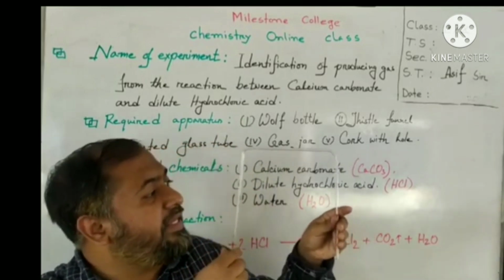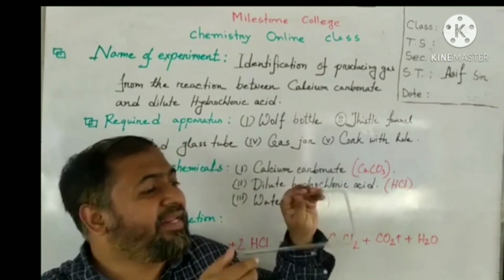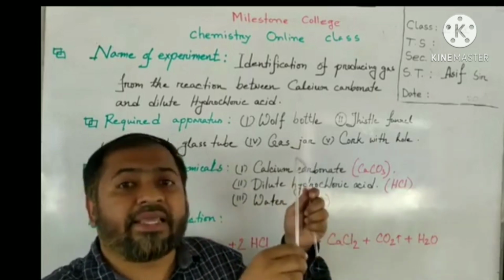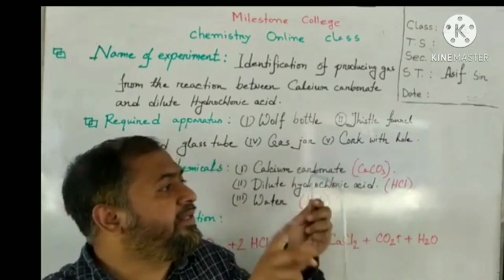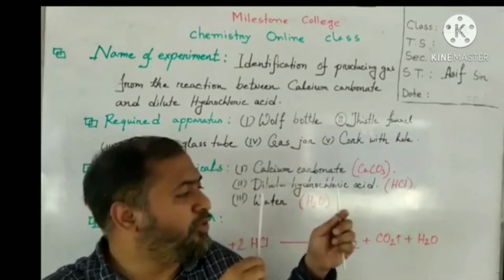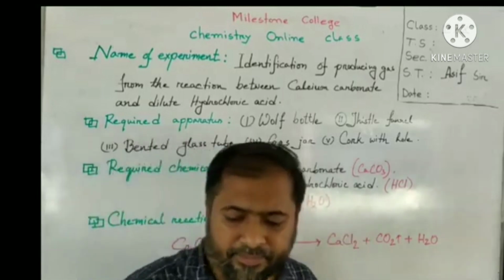This apparatus is known as bent glass tube. You can see two angles, both of them right angles, in this glass tube, and this glass tube carries gas from the Wolf bottle to the gas jar.